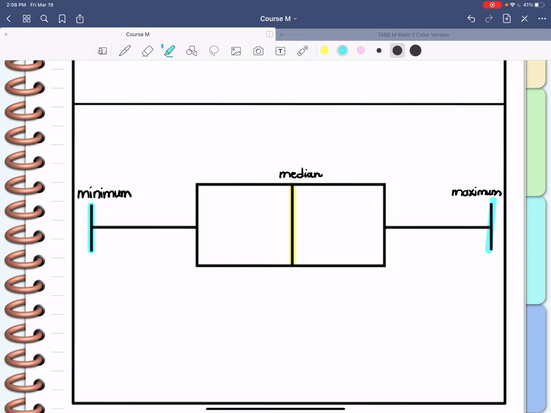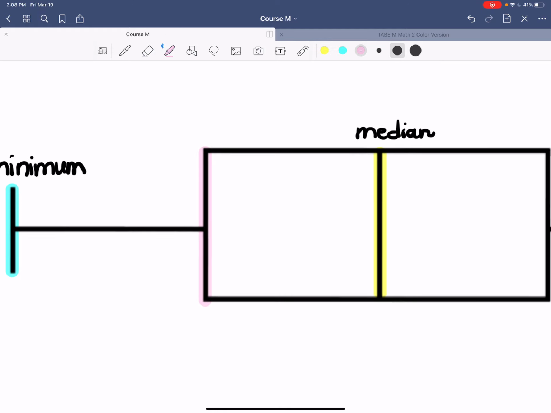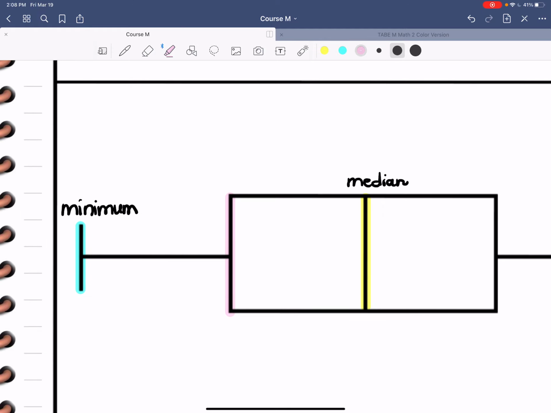The 4th part is right here. I've highlighted that in pink. And this one is called the lower quartile. Quartile means 4th. And it is sometimes referred to as the first quartile, Q1.